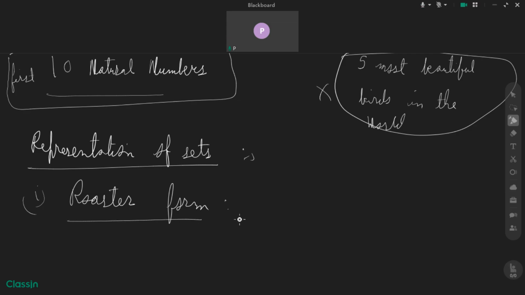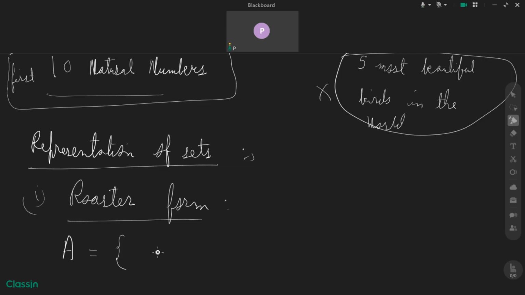In this form, the elements in the set are actually written. Let us take, for example, the set of first 10 natural numbers. If I have to represent this set in roster form, I will name the set by a capital English alphabet. That is, I take capital A. So I will name the set with capital A, then write A is equal to, then use curly brackets and write the actual elements of this set.